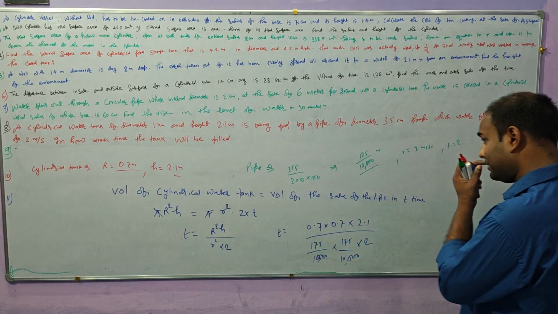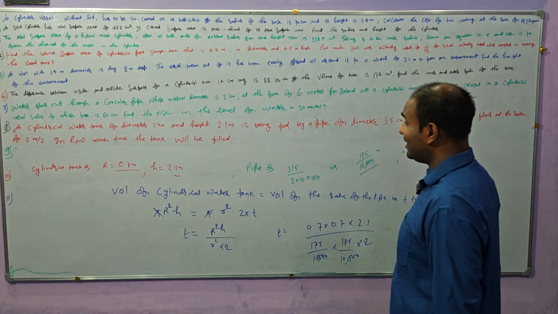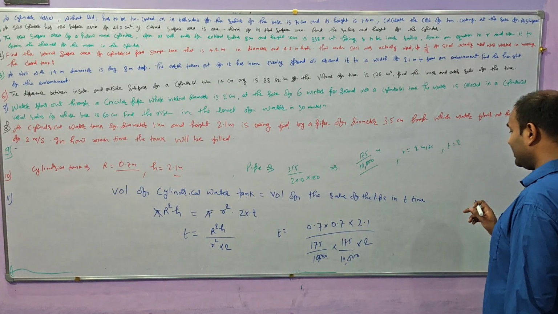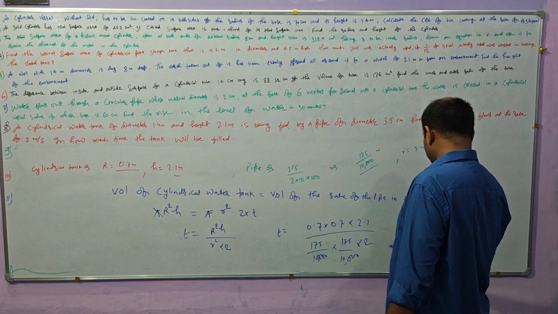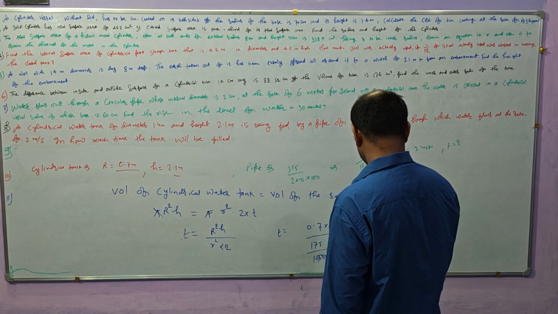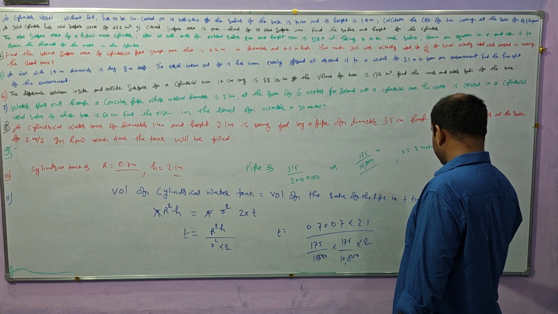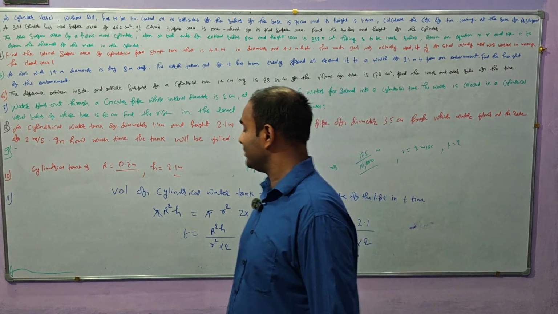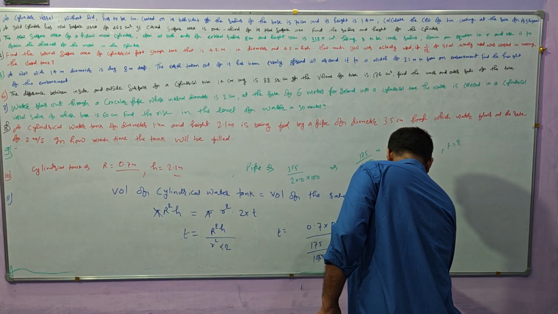After solving this, we get t, whether it is in minute or in second, but at this time we get second, so we need to convert it in minute, and we got the result of t is equal to, at this time we get second.